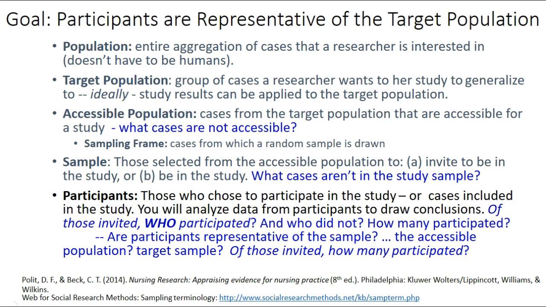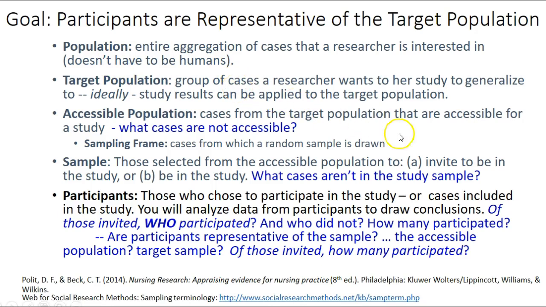Sometimes you have to actually talk with other stakeholders in your organization to get a clear idea of who is accessible and who isn't accessible, so you can think that through and make a record of the difference between who you have access to and who you don't have access to in terms of your target population.